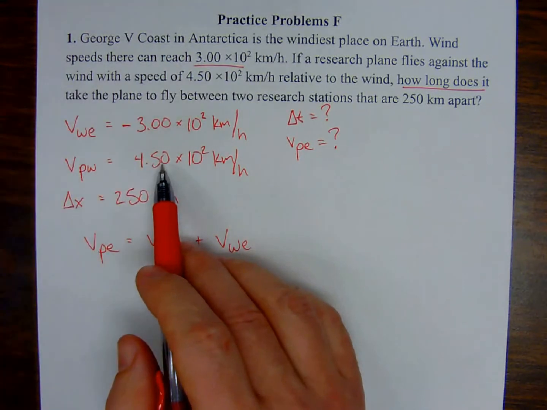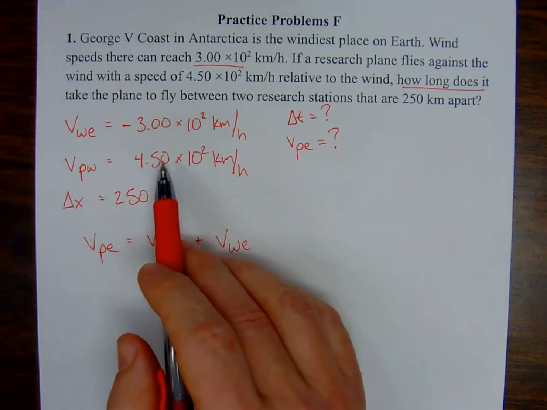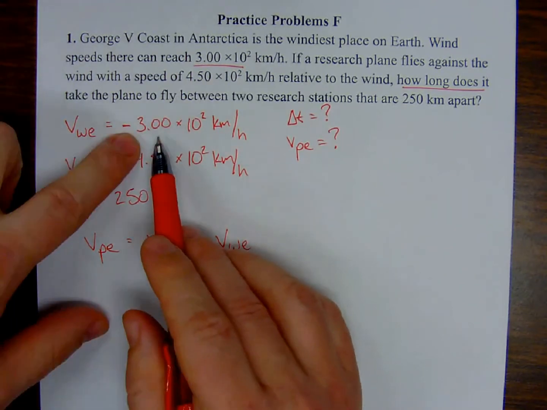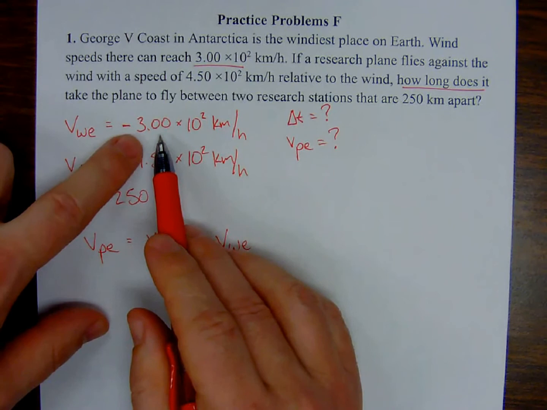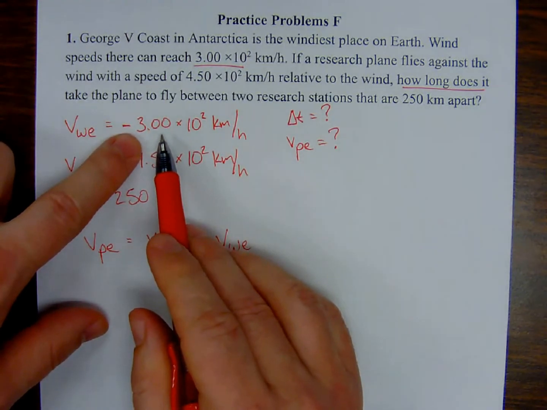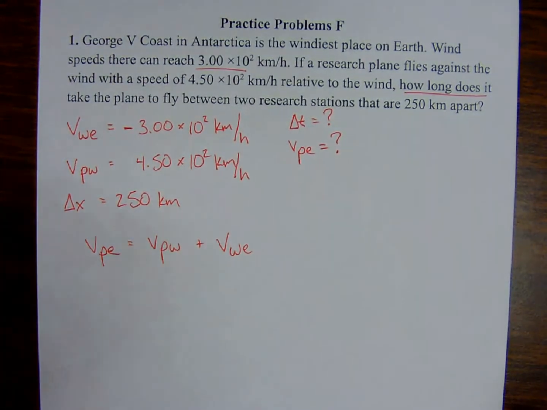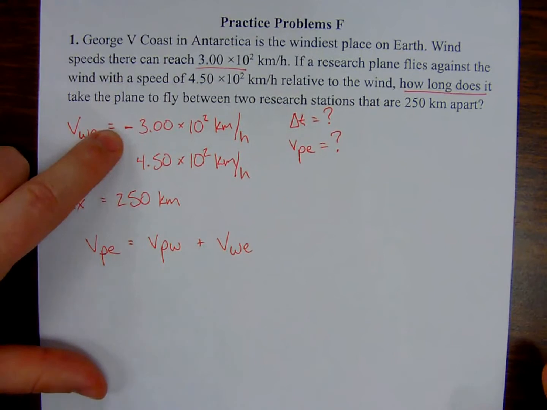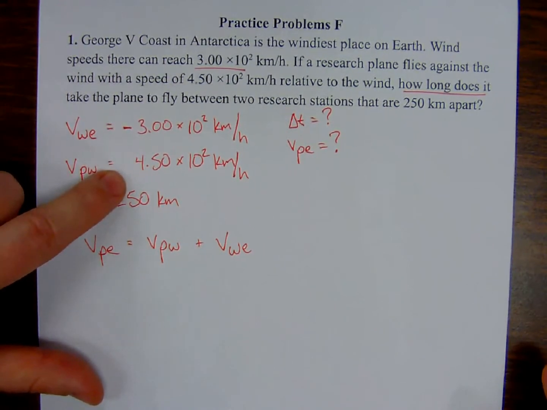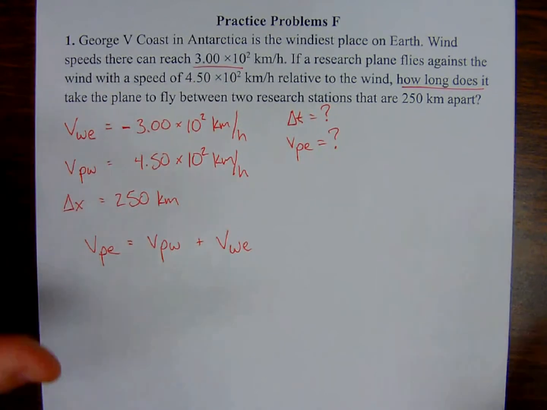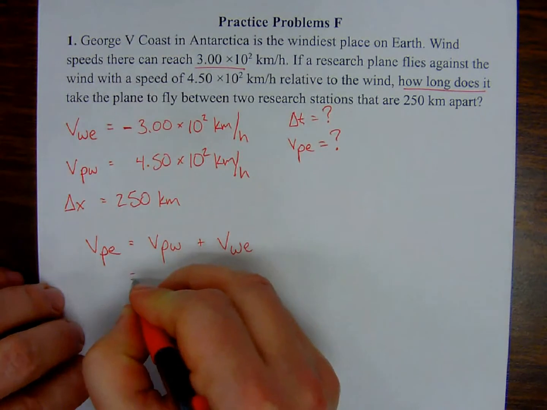Now, you might be wondering, why pick the 300 as opposed to the 450 kilometers per hour to be negative? Because when I actually plug these in, we've got 4.50 times 10 to the second kilometers per hour plus a negative velocity.